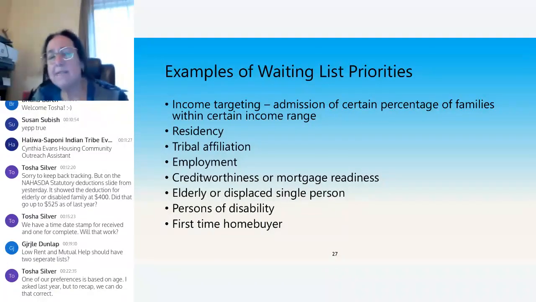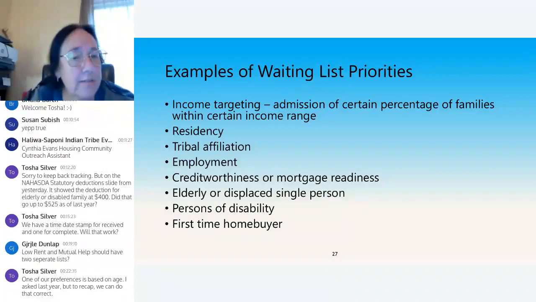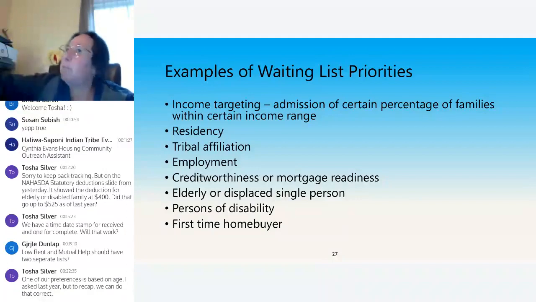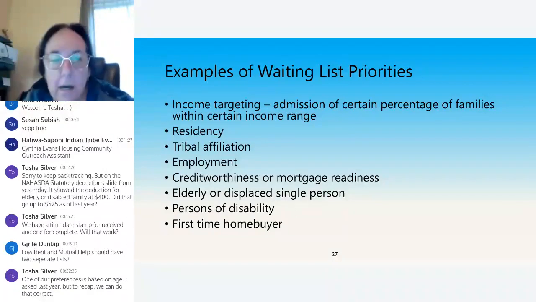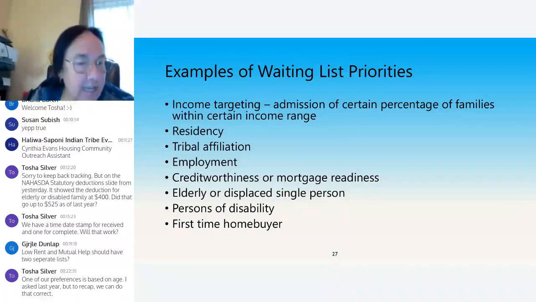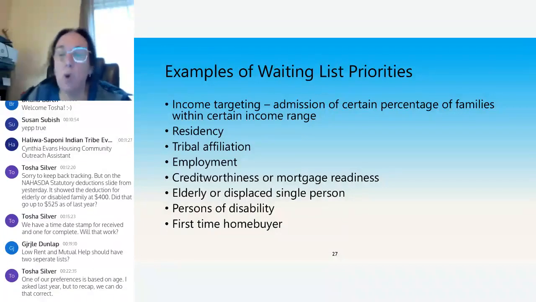So the examples of waiting list priorities: income targeting, admission of a certain percentage of families within certain income ranges, residency, especially if you offer programs in multiple counties, like my sister tribe does, tribal affiliation, employment, credit worthiness, mortgage readiness, elderly or a displaced single person, persons with a disability, or perhaps a first-time homebuyer.